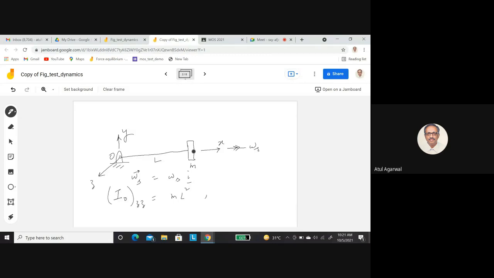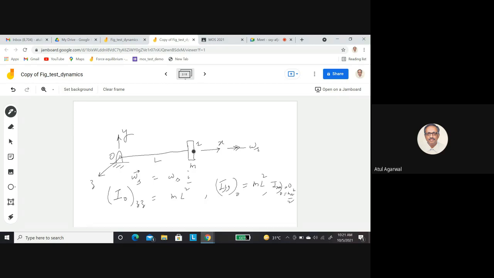Similarly, you want to find IYY about point O. Again all the distance of the mass from the y axis is L, so you get ml square. And if you want to find IXX about point O, it will be 0, if you are just assuming the dimensions are small. If the dimensions are large, with some radius r, then it will be mr square by 2.